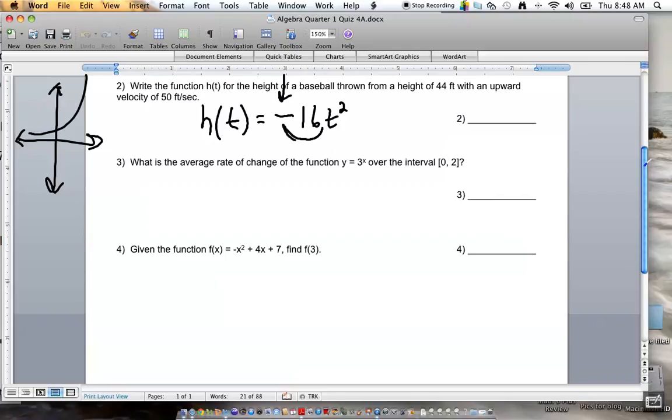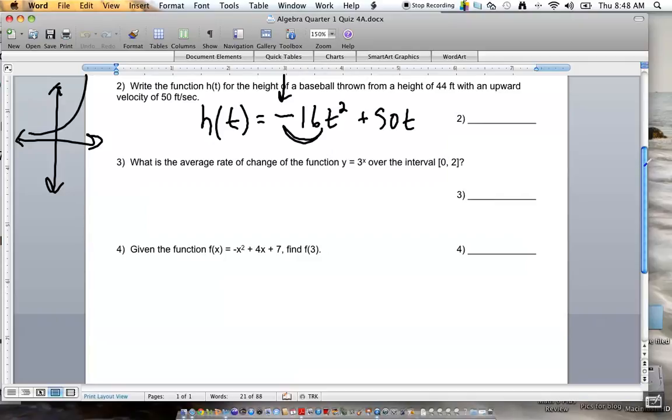This is your gravitational constant. And the negative pulls it back down to Earth. Now, if you're going away from the Earth, the force that's away from the Earth is positive. The upward velocity of 50 feet per second, that's why the 50 has to be positive. Because it's upward, positive, and then when you're coming back down, it is negative. So that's why it's -16 t squared.